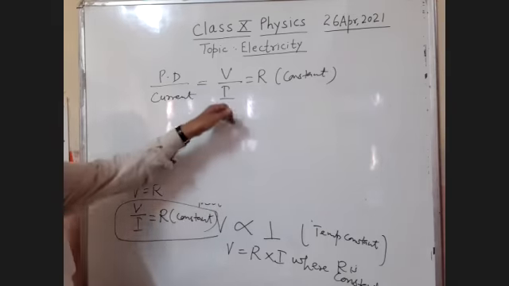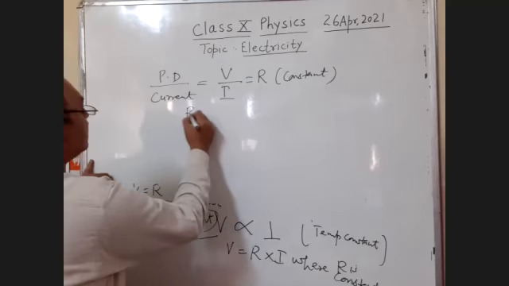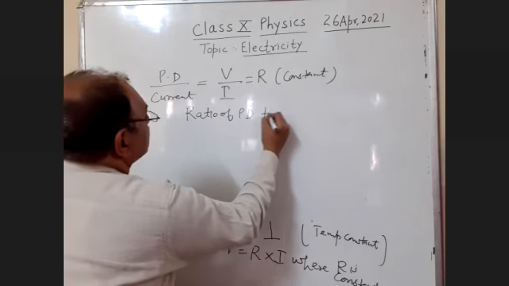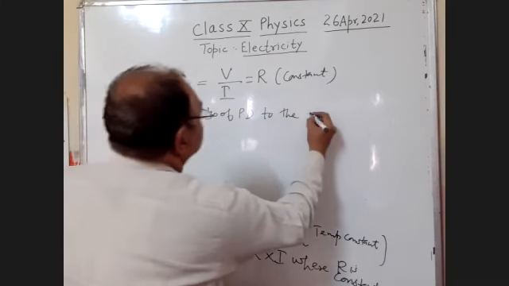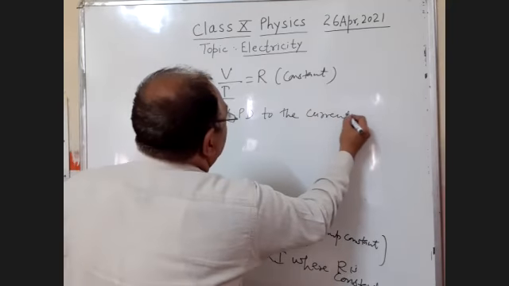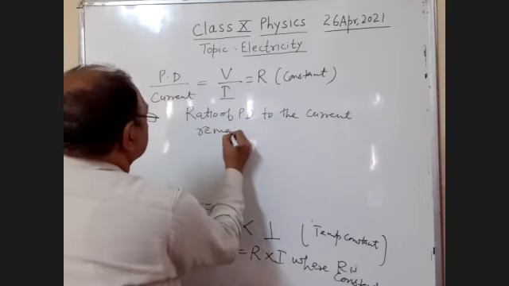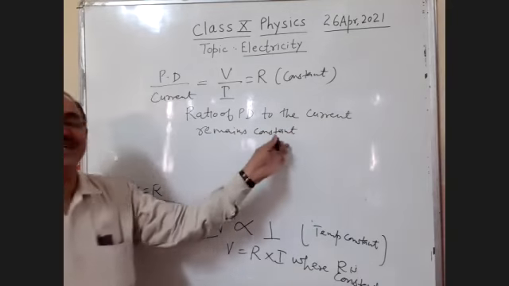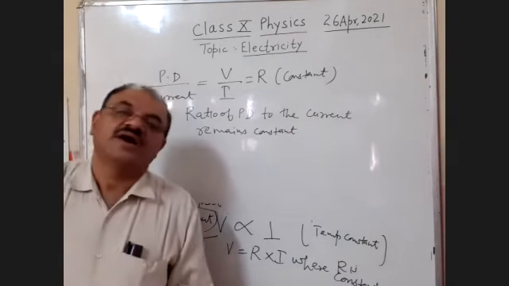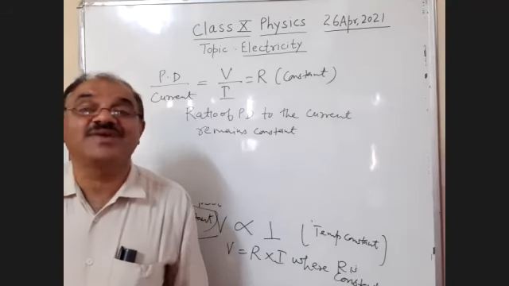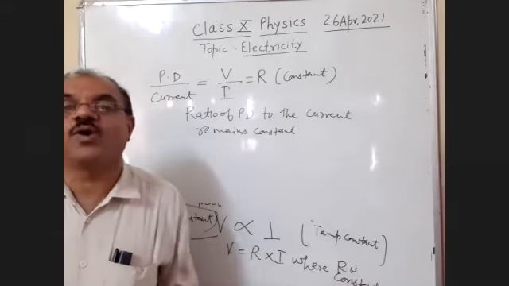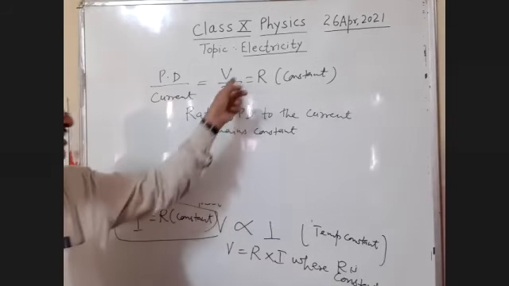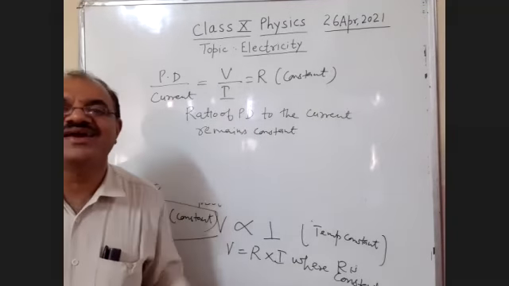I write down, the ratio of potential difference to the current remains constant. This is the extent, I'm using the word extent. Extent means outcome of Ohm's law. Extent of Ohm's law, the ratio of V and I is Ohm's law.